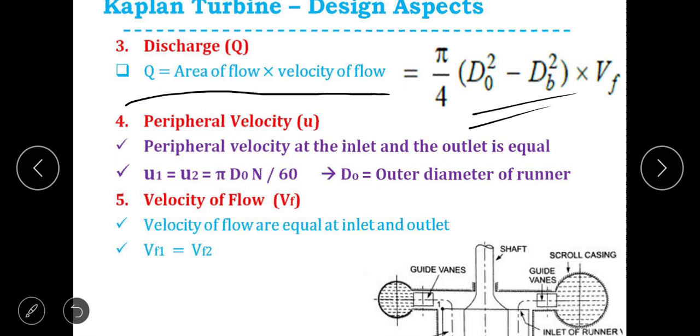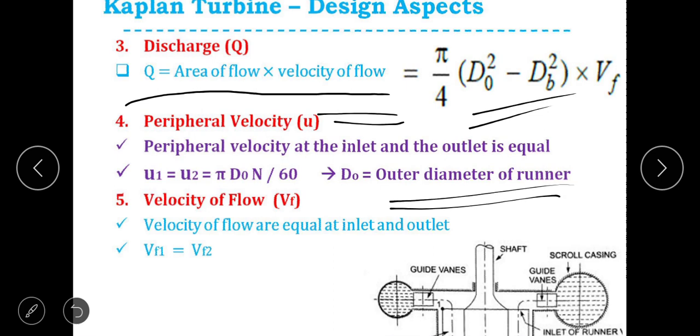Peripheral velocity U, small u, at the inlet and the outlet is equal: U1 is equal to U2 is equal to pi dO multiplied by capital N, that is speed in RPM, divided by 60. dO is the outer diameter of the runner.